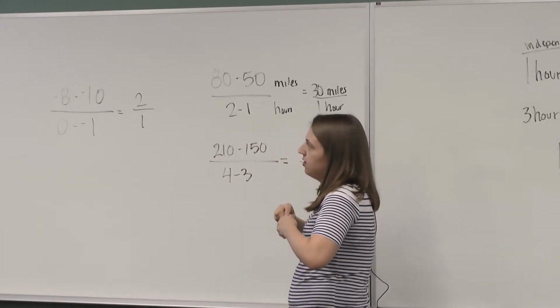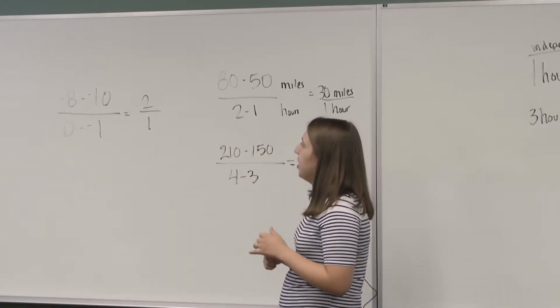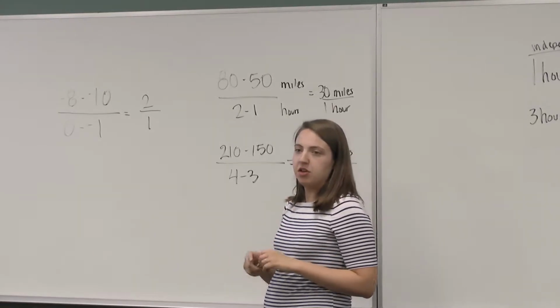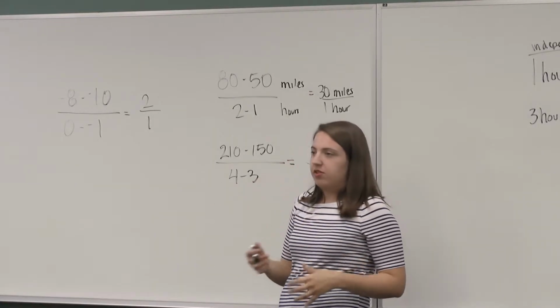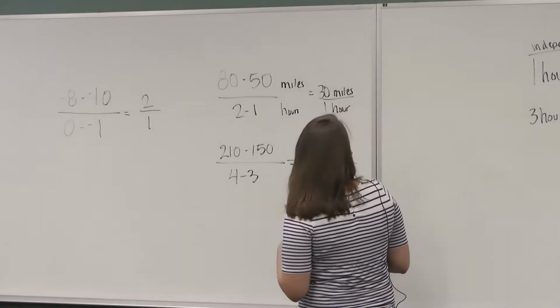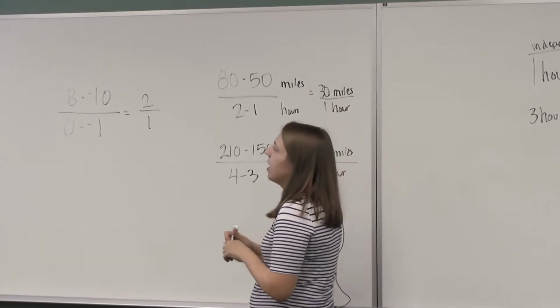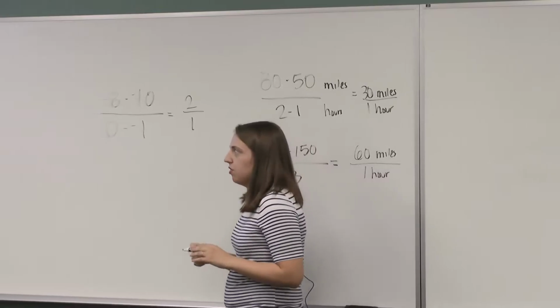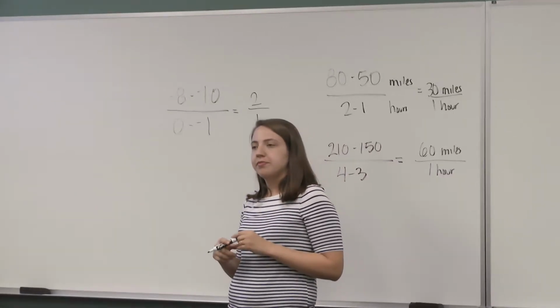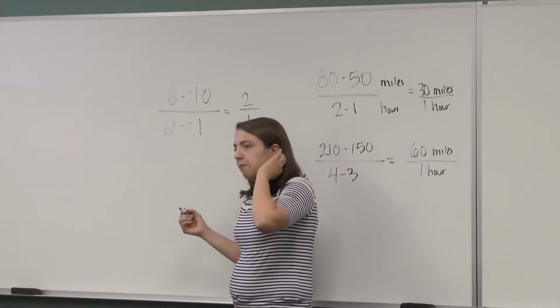So let's generalize this into a more straightforward formula or rule that we could use to find slope, given any set of points or any different variables with a rate of change. What is a rule that we could use so we could always apply this? How would we set that up?